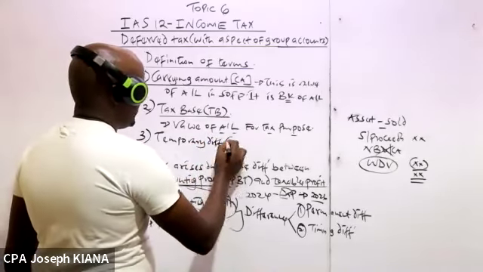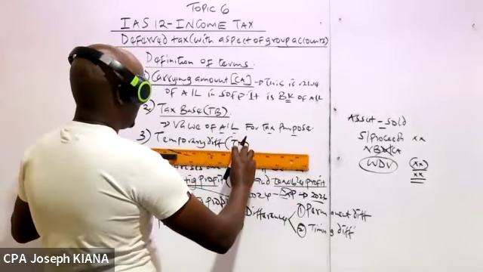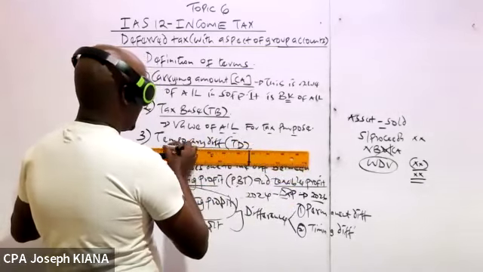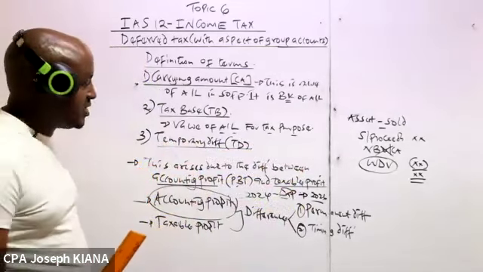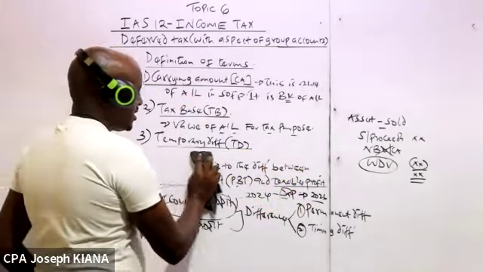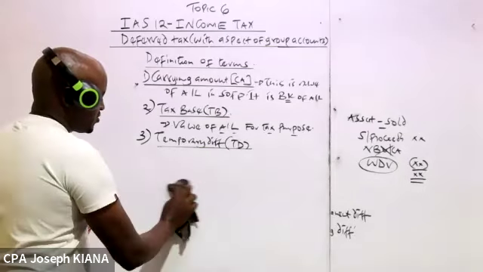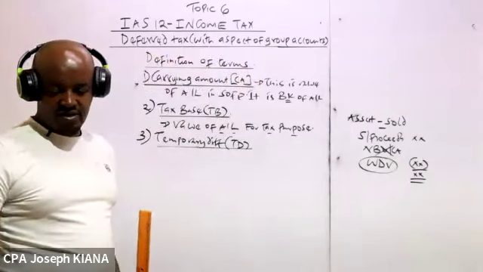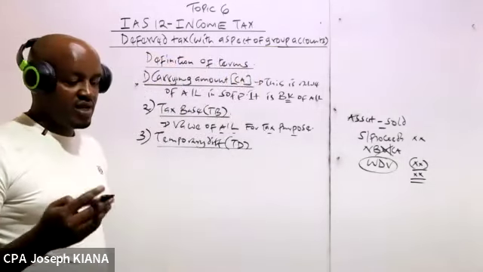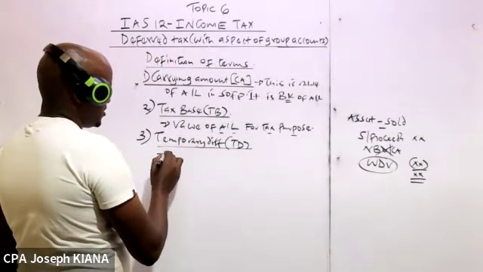The other term is the temporary difference, abbreviated as TD. Temporary difference, or TD, is the difference between these two values, carrying amount and the tax base. If the company owns an asset or a liability, and the carrying amount and tax base happen to be different, then that difference is the temporary difference.